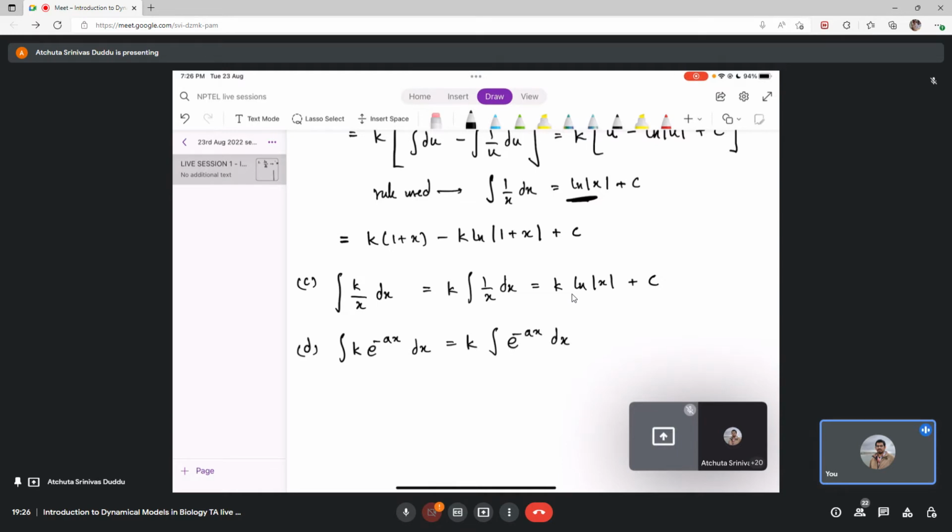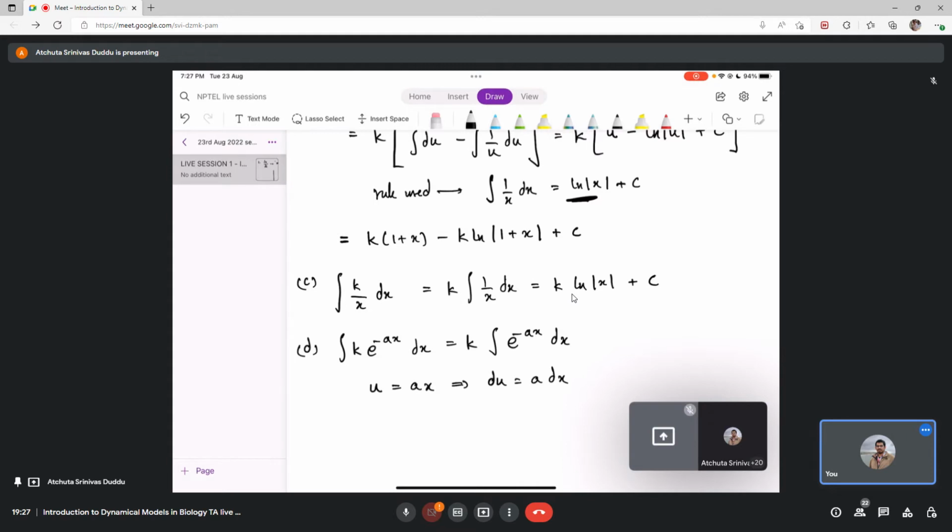Here another substitution we can do is take a new variable u, which is equal to ax, and then that would imply that du is equal to a into dx, since a is a constant, it just comes out of the differential, right? I just made a mistake here, this is ax.